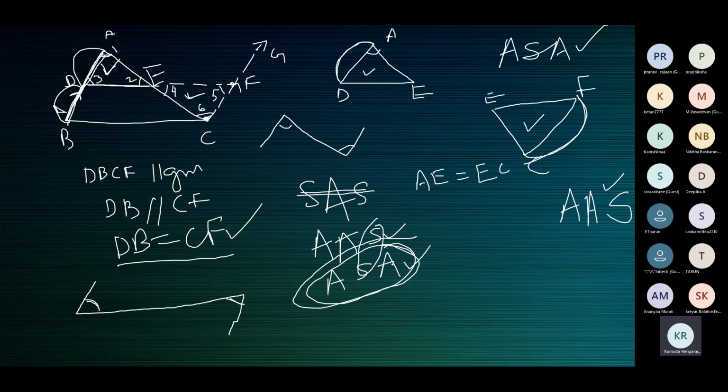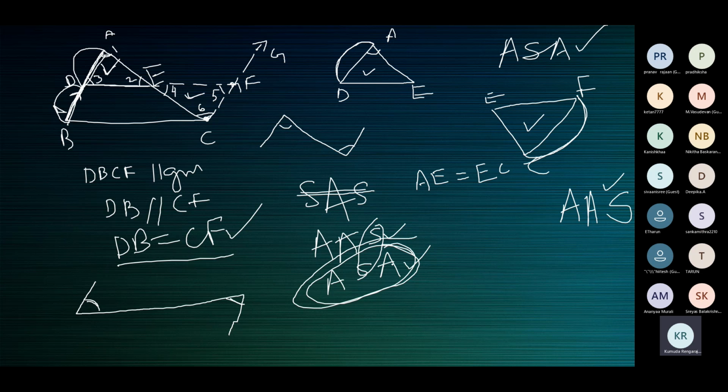So first, in a rough column, just write out all the equalities you have. Then you can decide which congruence rule to use to show that the triangles are congruent. So here angle 1 is equal to 6, 2 is equal to 4, AE is equal to EC. Triangles are congruent by ASA congruence criterion.